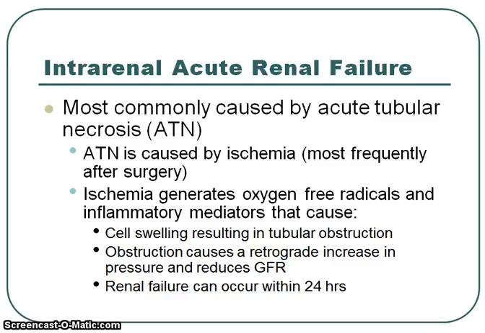The ischemia then generates oxygen-free radicals, and that triggers inflammation within the kidney. This causes cell swelling, which then makes the tubules get obstructed. The obstruction causes an increase in the pressure, which makes it so that we can't filter blood and fluids through the kidneys and reduces the GFR. If it's not corrected, renal failure can happen within 24 hours.